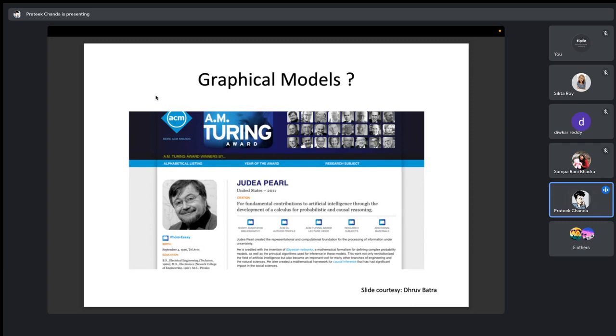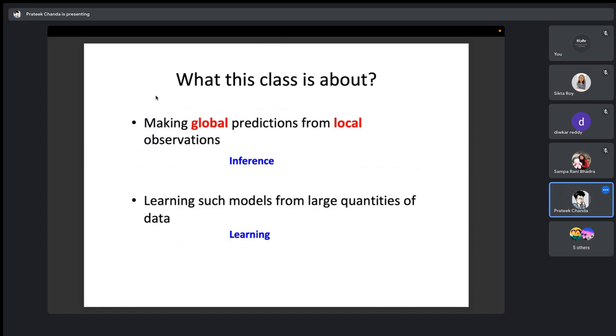Okay. So, what are graphical models about? We want to make global predictions from local observations. So what do we mean by that?